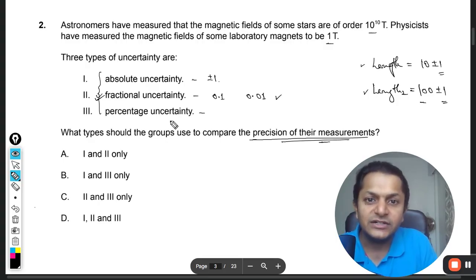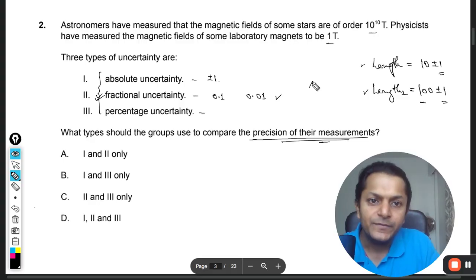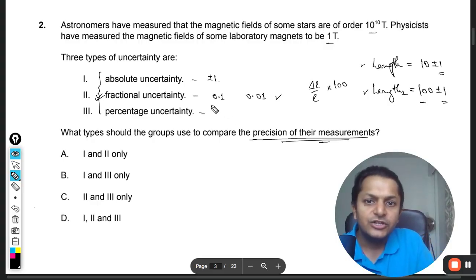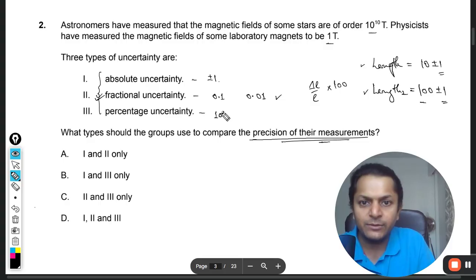And what is the percentage uncertainty? When you multiply the fractional uncertainty, that is delta L by L, this is fractional uncertainty, you multiply it with 100, it becomes the percentage uncertainty. So the percentage uncertainty here will be 10%.